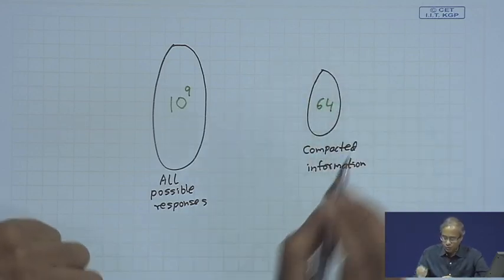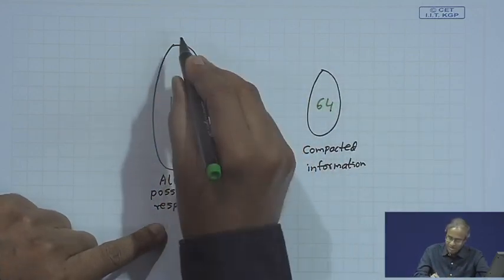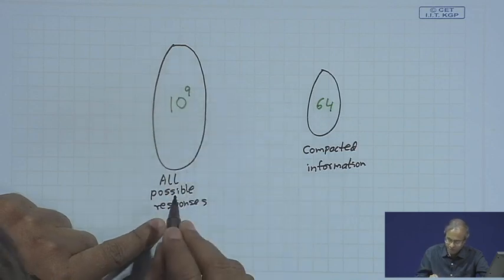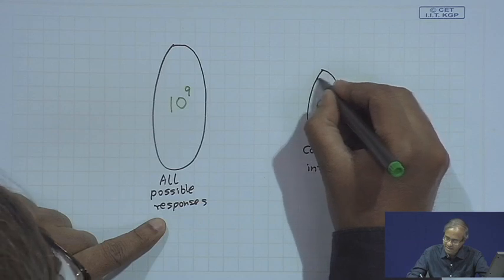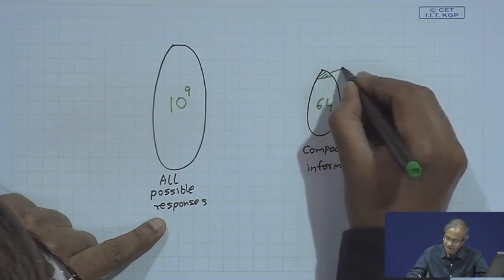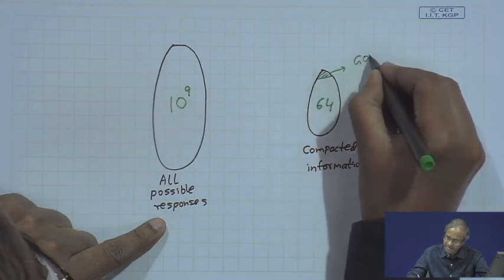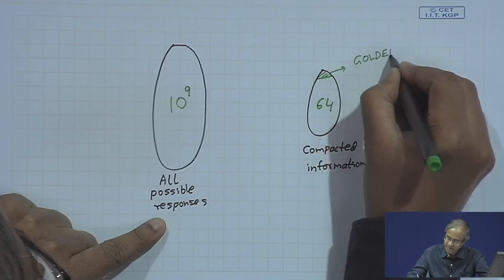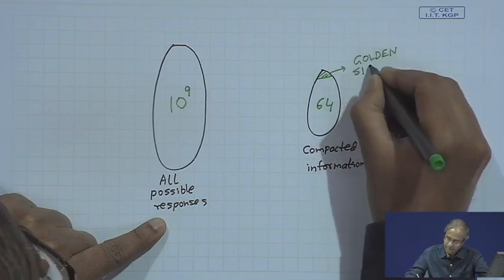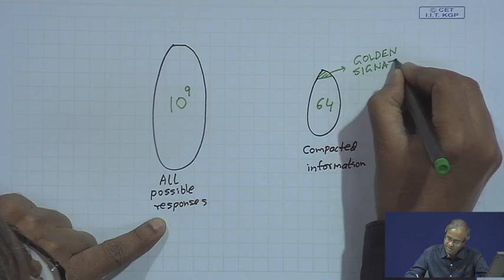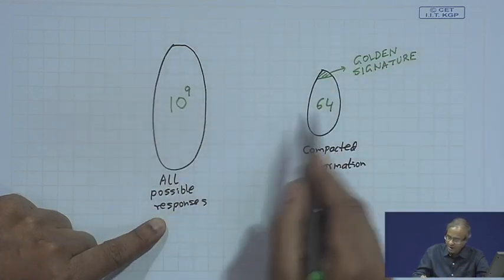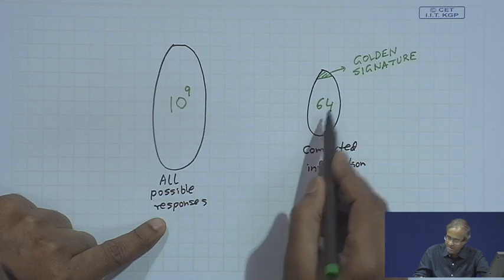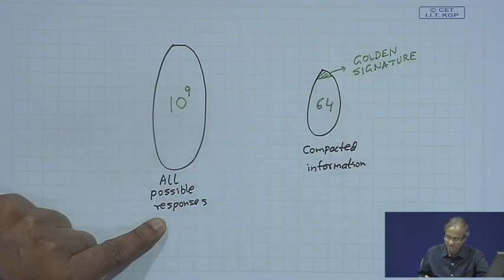Now, what I do, I find out that for my circuit without any fault, what should be my good compacted information, and I say this is my golden signature. So, after my test experiment is done, I compare my compacted information against my golden signature.